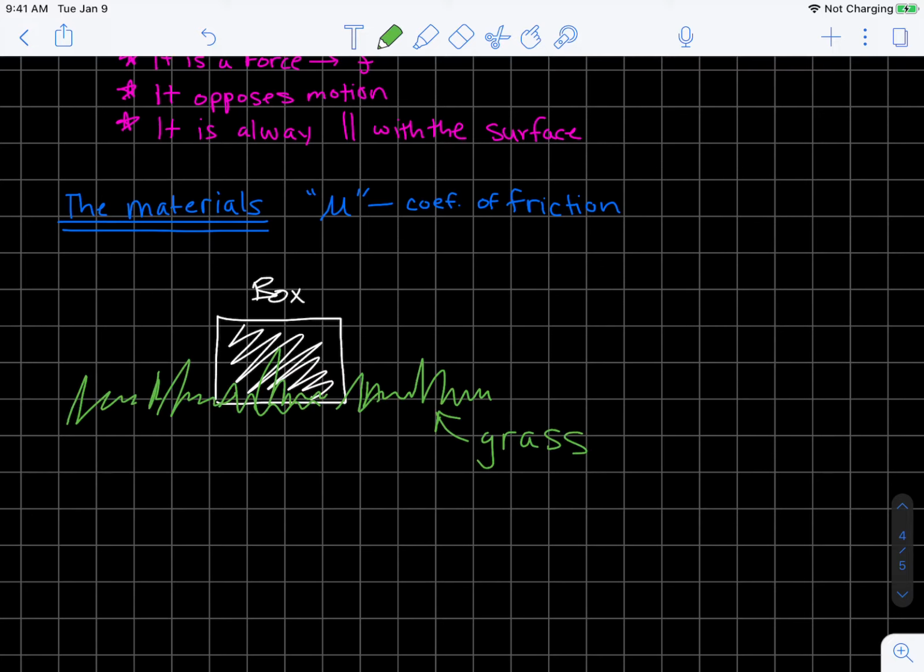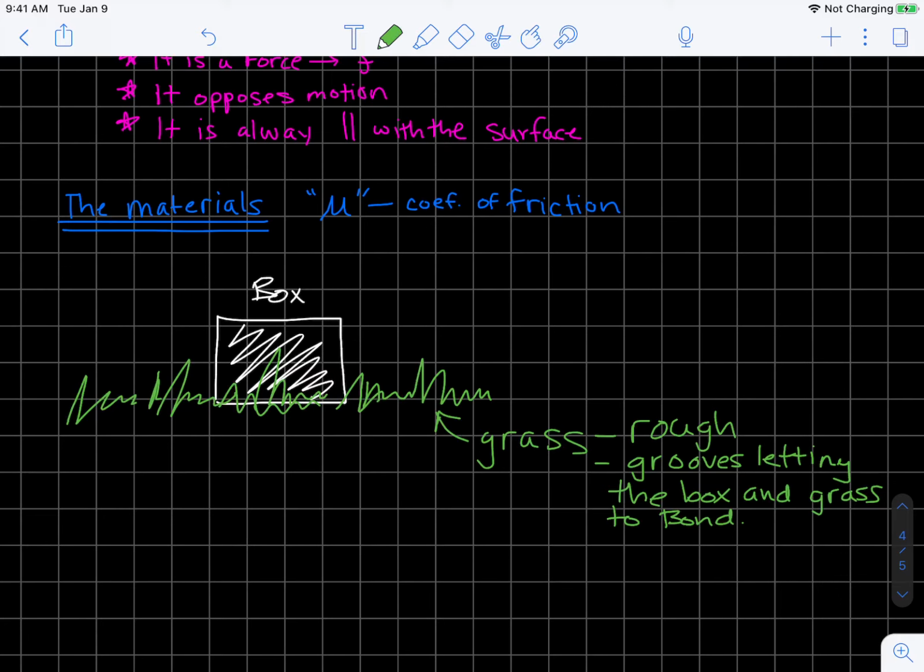Now grass is rough. There are a lot of grooves, and I say grooves because that allows material to bond. Not bond forever, but bond enough to make it harder for the box to move. That's what friction is. It's a resistance force.